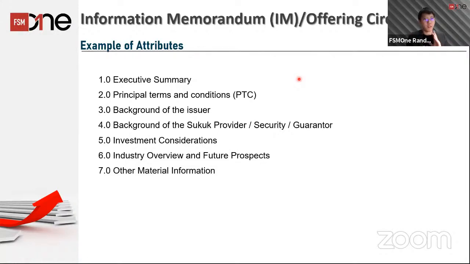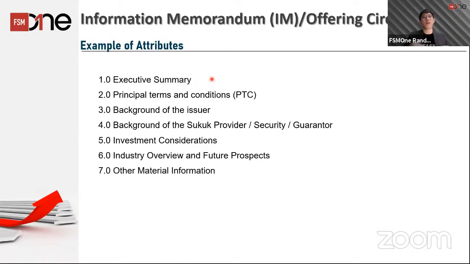So if you are a first starter, I suggest you at least go through the first section, which is the executive summary. This section summarizes the overview of the information in the bond prospectus, and it usually consists of just 5 to 6 pages, so you can easily finish it within 5 to 10 minutes.